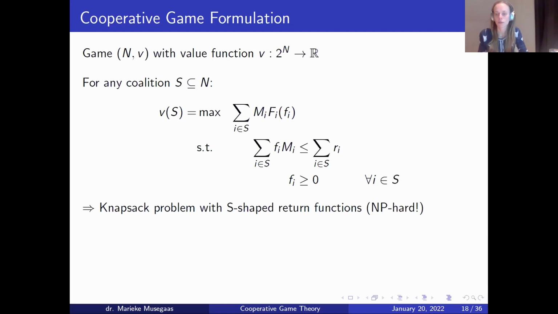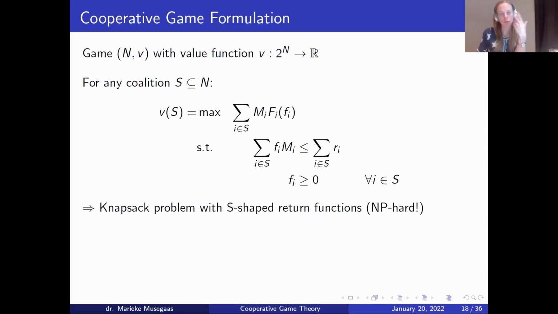If you calculate it with the computer, when your coalition S is small, only 1, 2, 3, 4, 5 players, it's still doable. But the larger your coalition gets, the more difficult it is to calculate this problem. I mean, if calculating the value of one coalition is already difficult, what about calculating the value of all the possible coalitions, so of all the numbers in our table? It's going to be even more difficult.